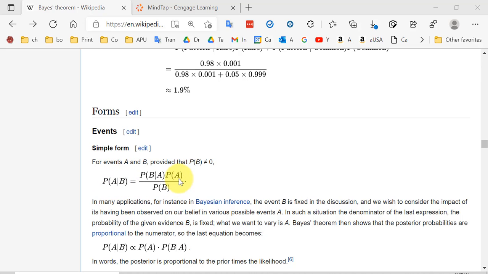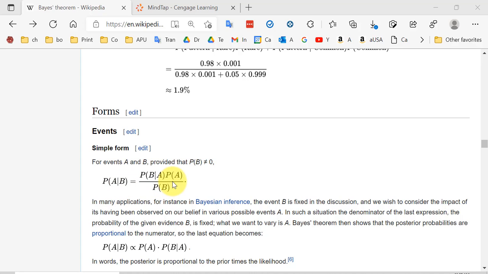And this term here is called the prior probability of A. And this term here is called the posterior probability of A. The reason they use the word posterior here is because it's after being given B. This is the probability of A given B, so it's after being given B, so they call it the posterior probability of A. It means after something, after B.